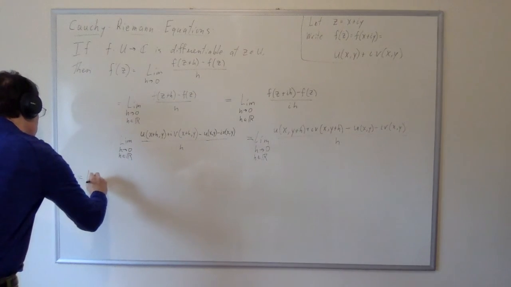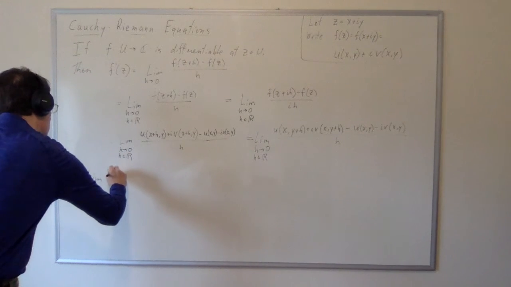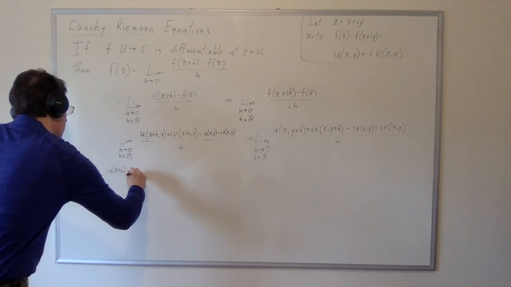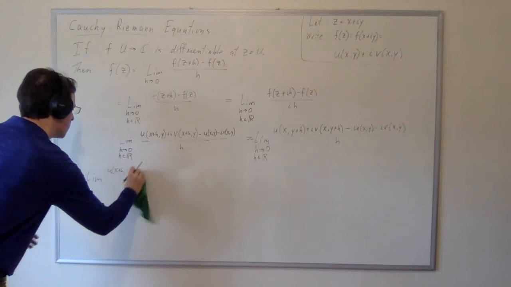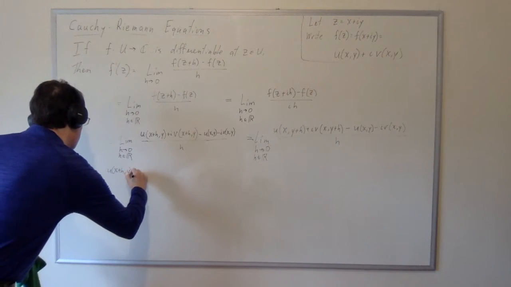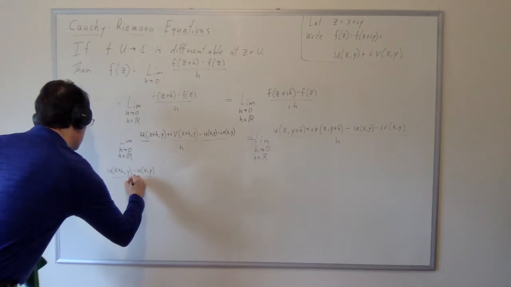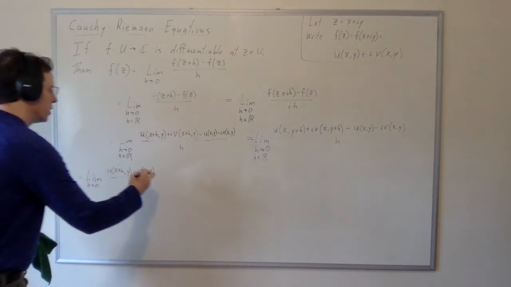It can be separated into the limit of u of x plus h comma y minus u of xy over h. That's the real part, and that's as h goes to 0 in the real numbers.